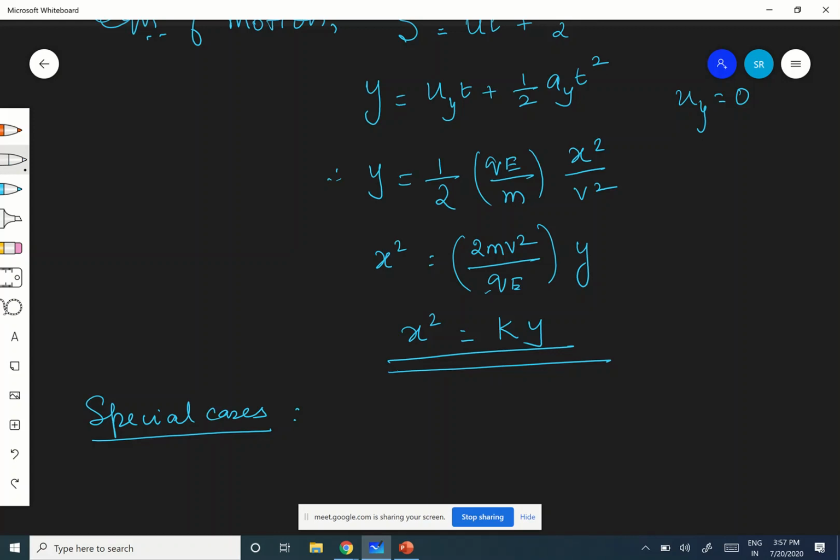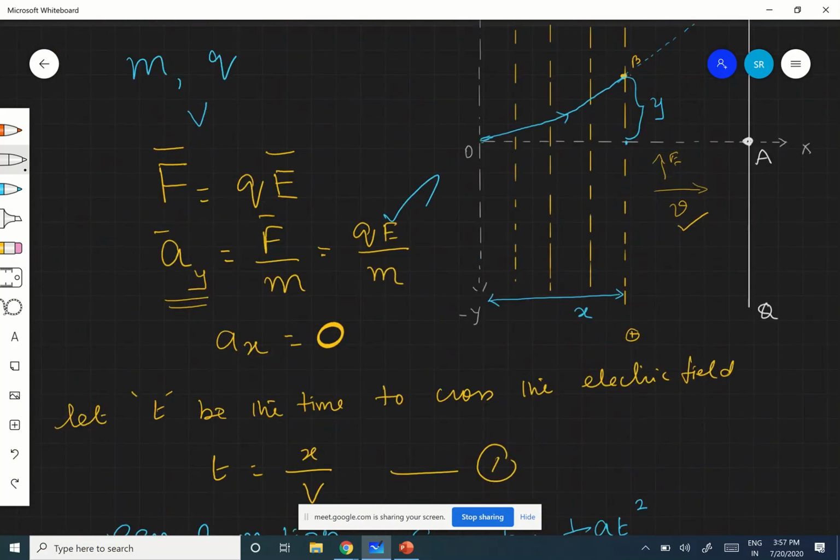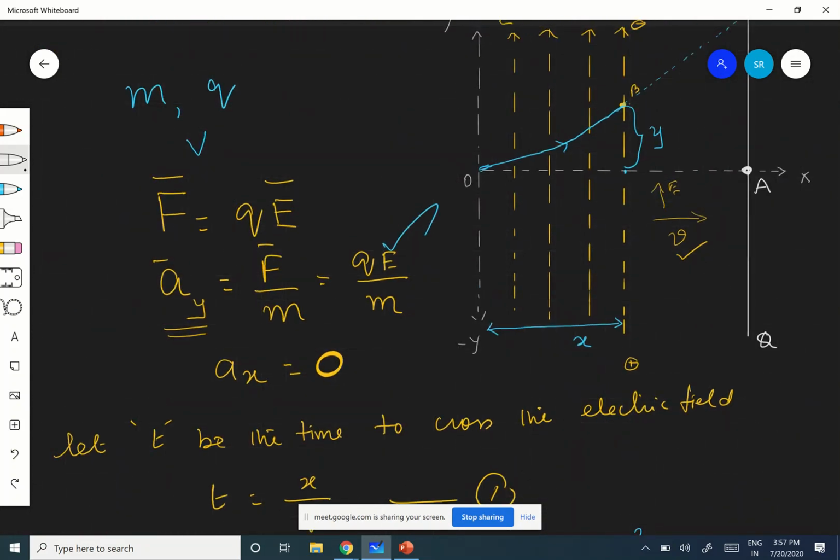For example, if the charged particle, let it be a positively charged particle, because very important, children, what is the charge of the particle? It should be a positively charged particle that is moving like this, up. Why? Your field is from positive to negative, so the charged particle will be moving towards the negative end.